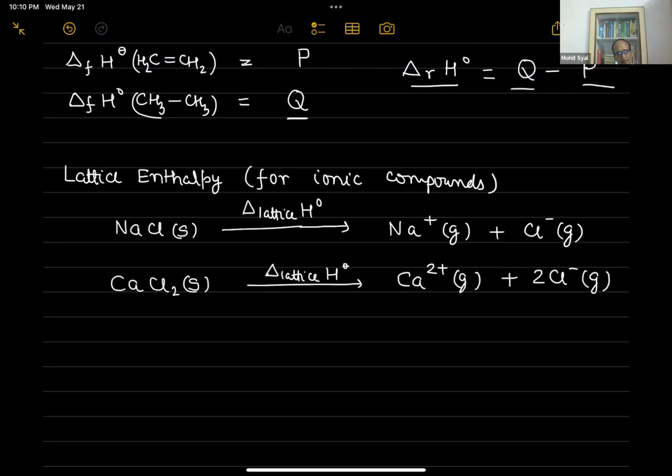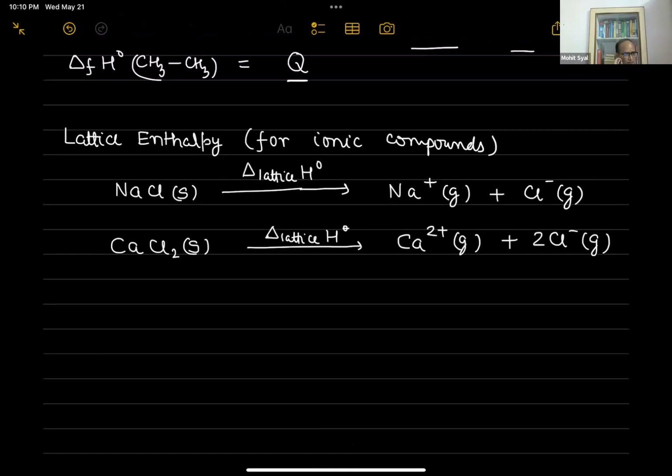Is it going to be a positive sign or negative sign? Do I need to give heat, or will the heat be released? Because separating the bond, heat will be given. Suppose a wall is there, if the bricks are embedded into each other, if I want to break the wall, what do I need to do?